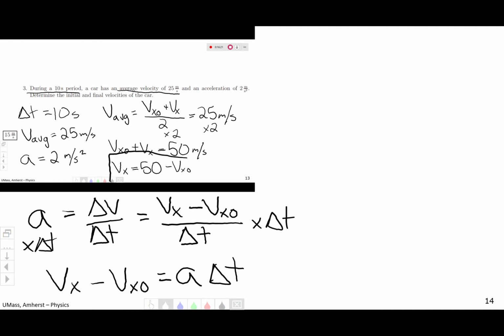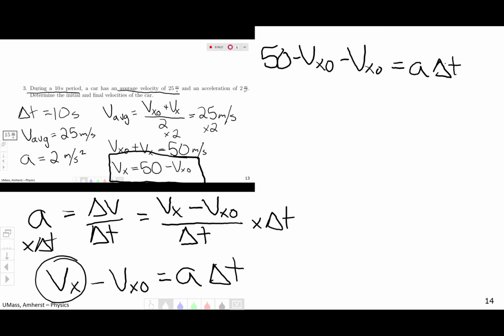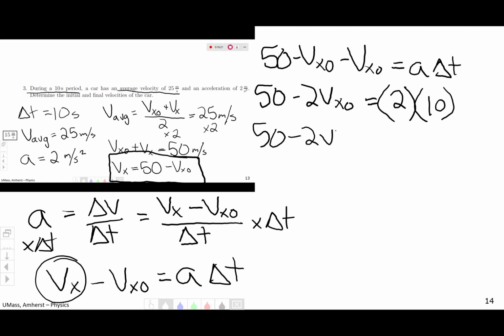We have just said that Vx is equal to 50 minus Vx0, so we can substitute that right in there. So Vx is 50 minus Vx0 minus Vx0 equals a delta t. So 50 minus 2 Vx0 equals an acceleration of 2 times a time of 10. So 50 minus 2 Vx0 equals 20.